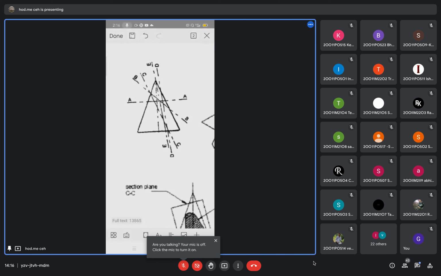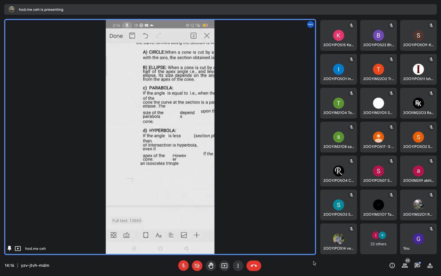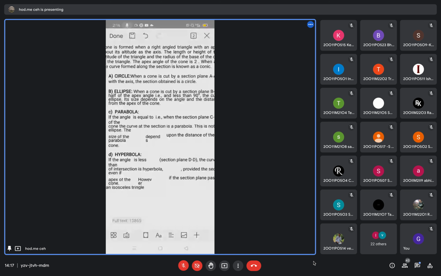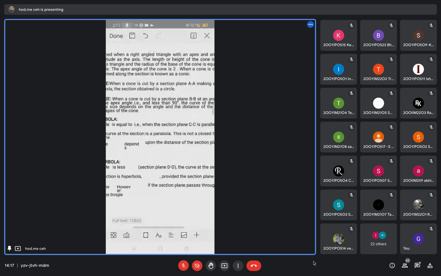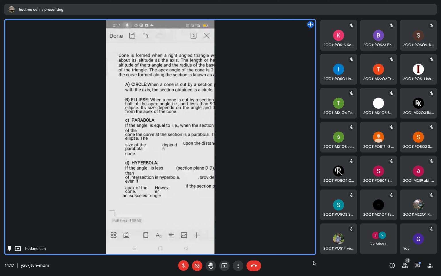The inclined plane is BB. The inclined angle is more than half of the apex angle, inclined to the axis of the cone. The curve of the intersection is an ellipse. Okay, this is one ellipse.